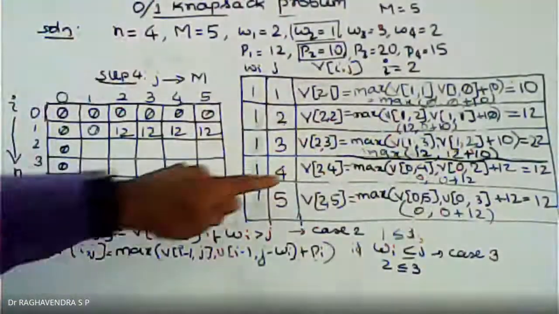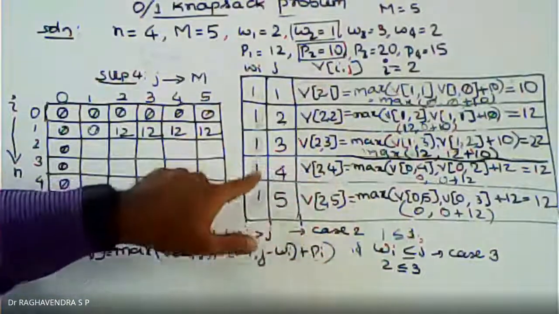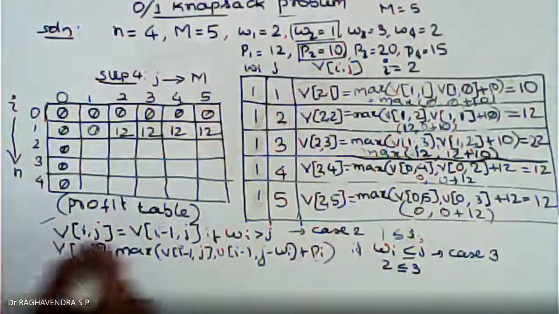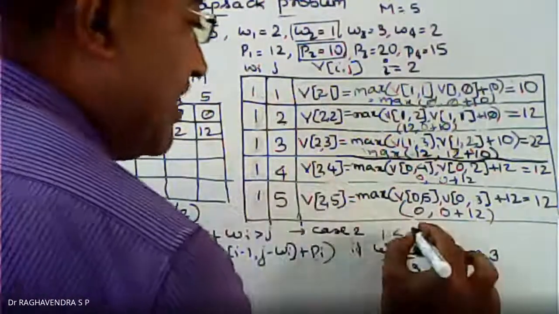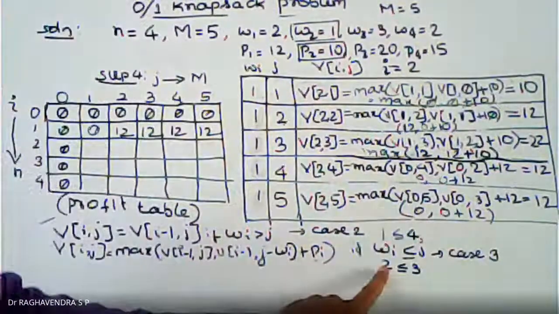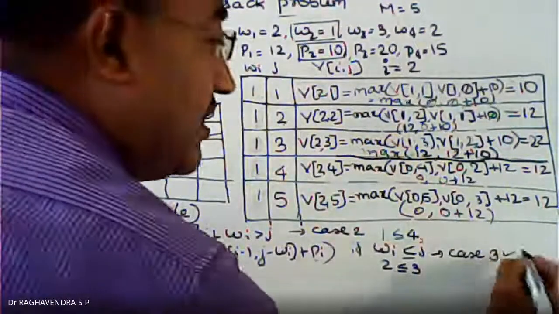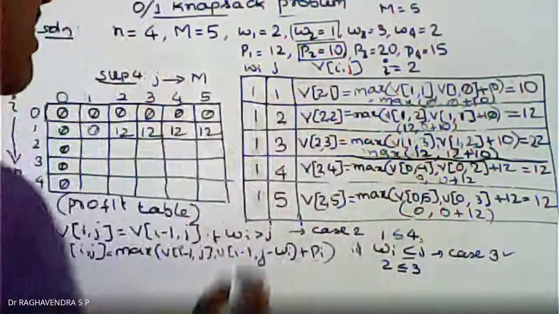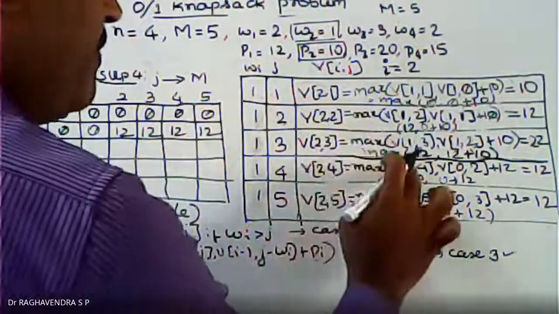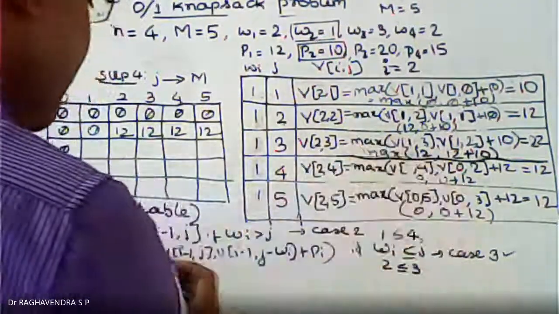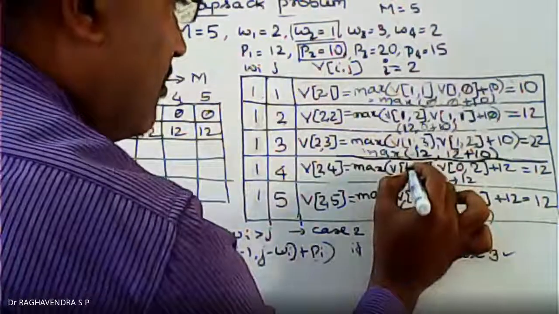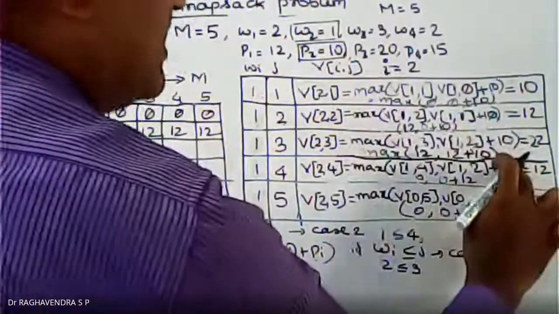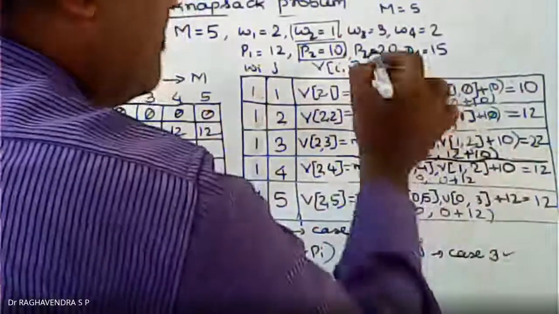Okay. Similarly, we go for 2 comma 4. Once again, 1 and 4 are there, so case 2 or case 3? 1 is less than or equal to 4, so it fits case 3, because Wi is less than or equal to J. Case 3 will be taken. So 2 comma 4 is equal to V of I minus 1, I is 2, 2 minus 1 is 1, so V of 1 comma 4, and V of 1 comma 2 plus 10, because the profit is 10.